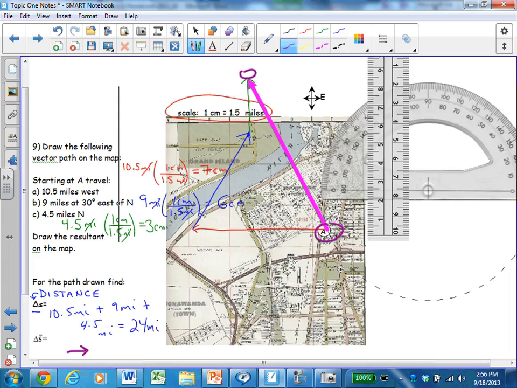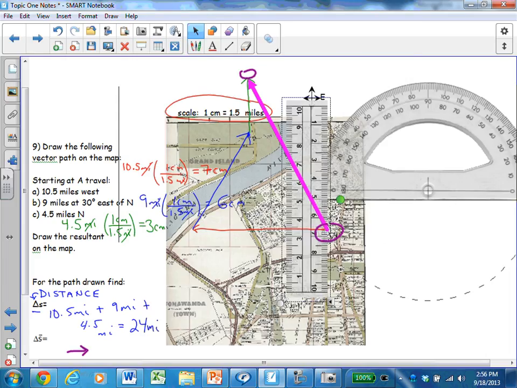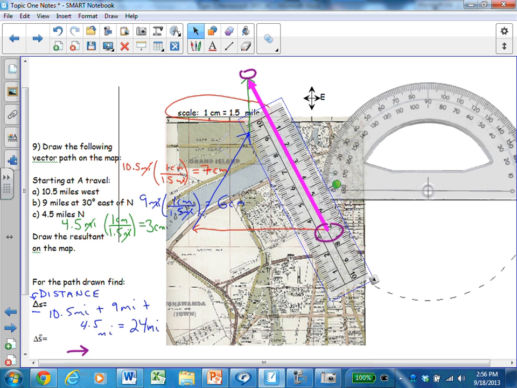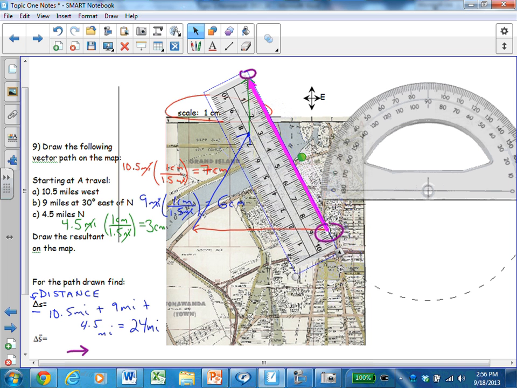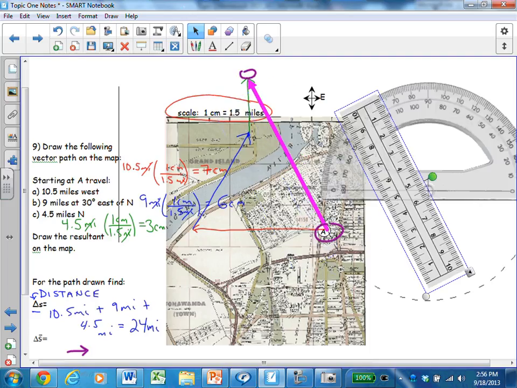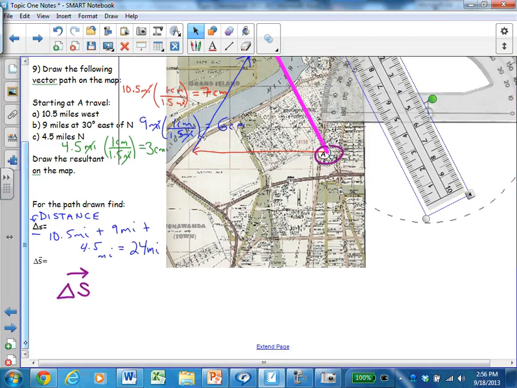Exactly. We're going to first measure this in centimeters. On mine, with mine being slightly different, I get about 9.1 or so. All right, so they could range a little bit there. There's some play in that, you know.